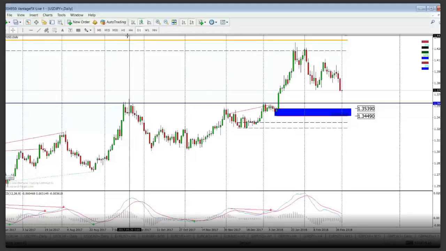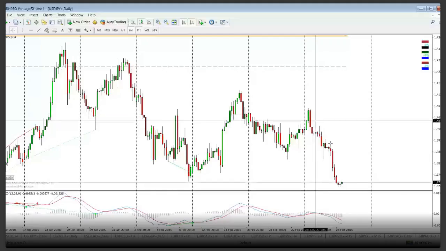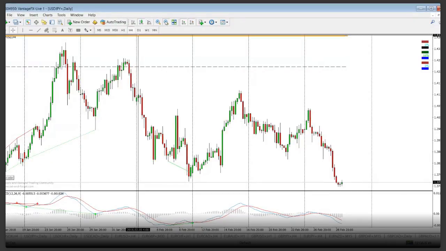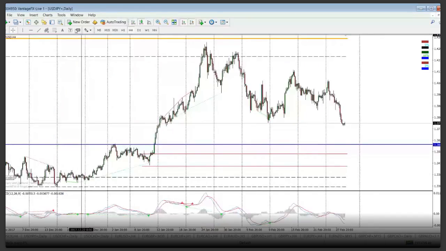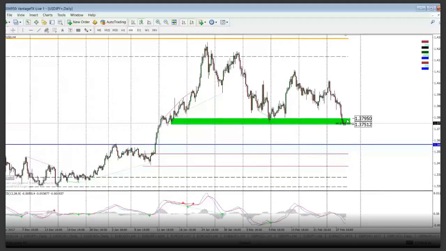Short term today, you can see we've had this huge drop here yesterday. We'll zoom out. We are at this small four-hour area here.